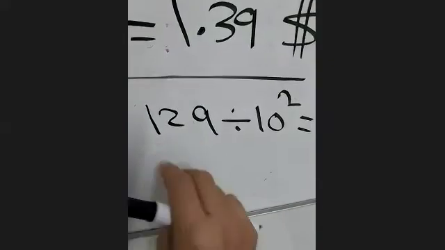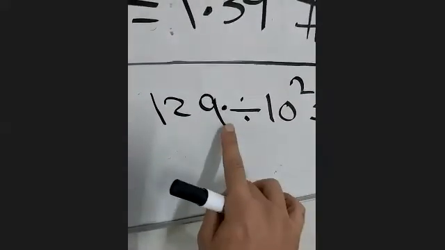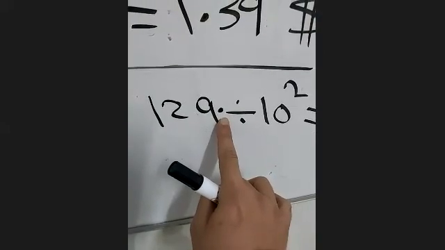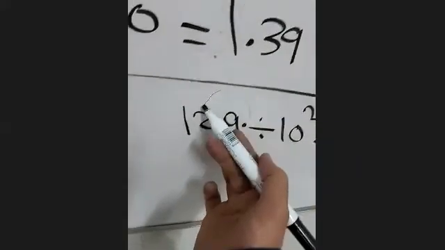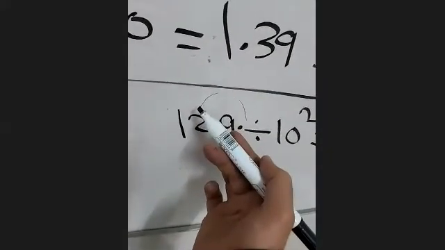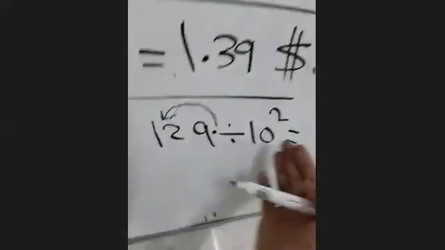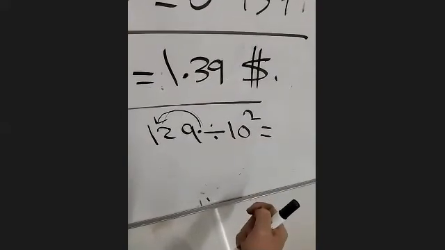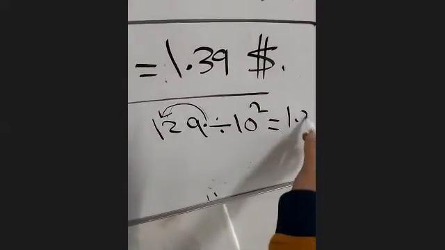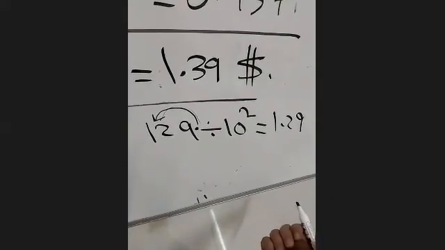If the number has no decimal, we always put a decimal after it like this. Then to divide by 10 to the power 2, we go 2 digits to the left for the answer, okay? So what will the answer be? It will be 4.29. Do you understand it? Yes. Goodbye.